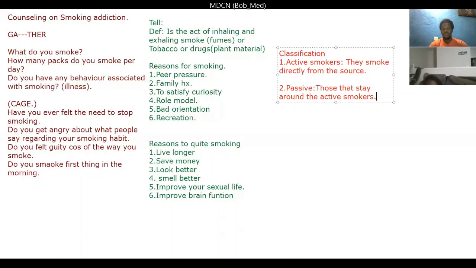Even sometimes the passive smoker can be affected a lot. You need to explain this to the patient. The people around the person are at risk. Children living around are at risk. Even the wife, if the person smokes around the wife, and the neighbors are also at risk, the people in the community also. Are you getting me?